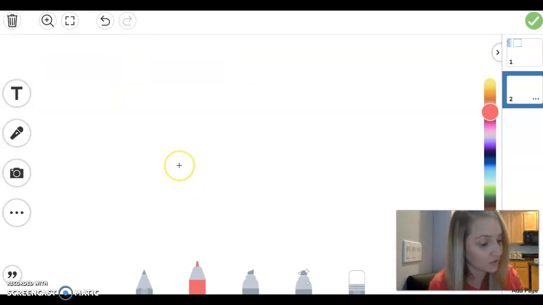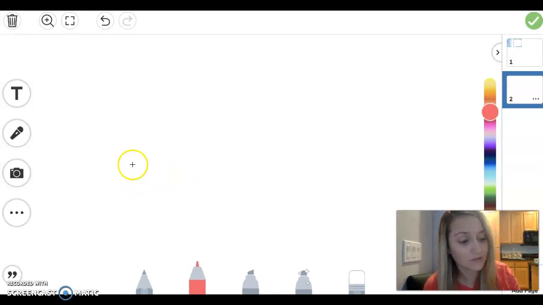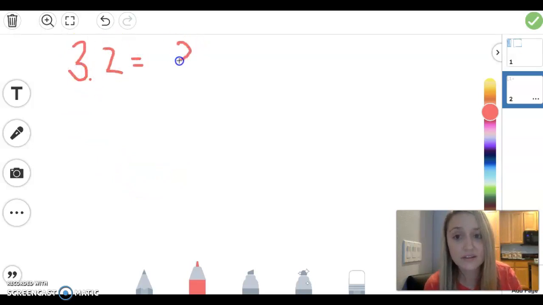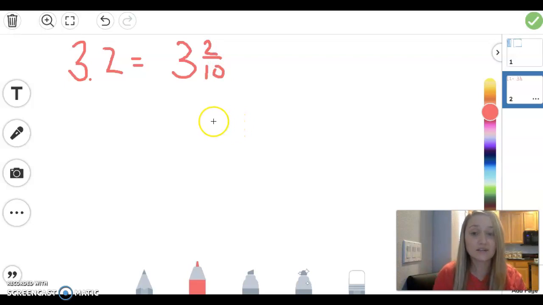Let's see, actually, we'll do 12 and then we'll do 20. So 3.2 would be written as 3 and 2 over 10, just the way that we would say it in class. So 3 and 2 tenths. Remember, the decimal stood for "and."